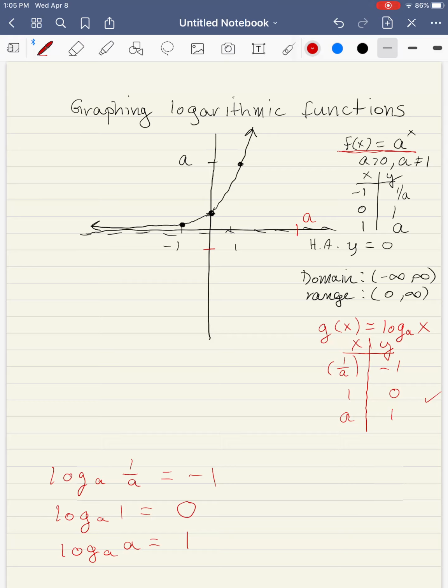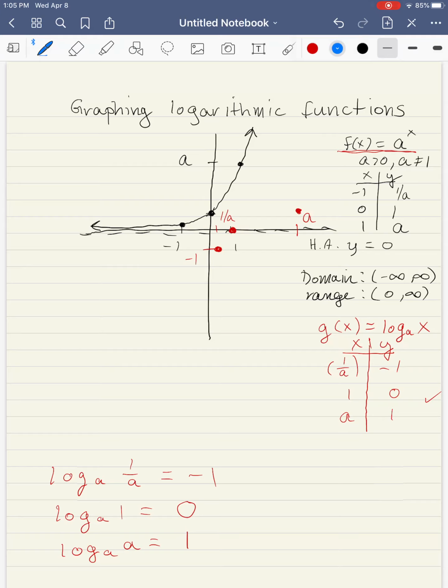I don't know what a is, but it's some fraction, 1/2, 1/3, 1/5, depending upon what my base a was. So when x is equal to 1 over a, y is equal to -1. When x is equal to 1, y is equal to 0. And when x is equal to a, y is equal to 1.